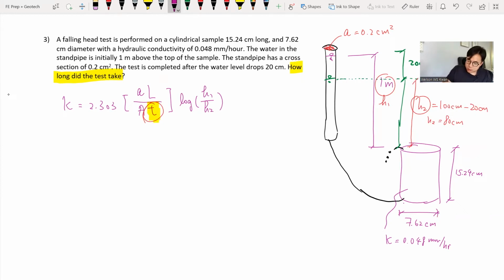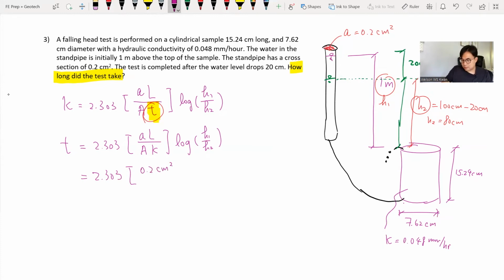And we reorganize the equation because we solve for the time. So we change the equation, we organize it, and realize pretty much we have all the parameters that we need. It's always good to keep track of the units. So it helps you to eliminate any potential mistake, especially during the exam.